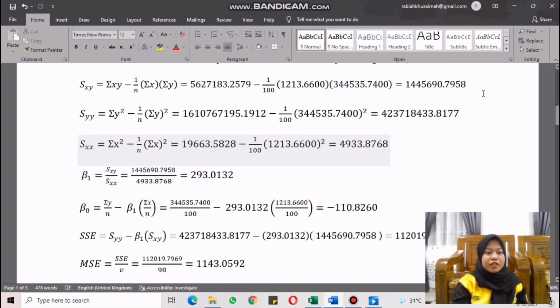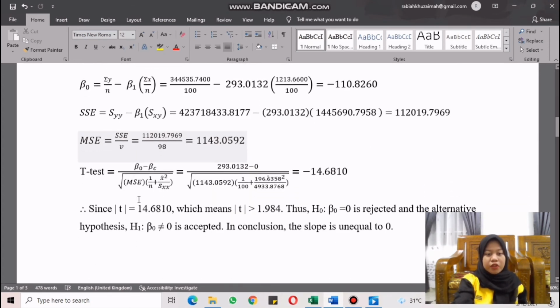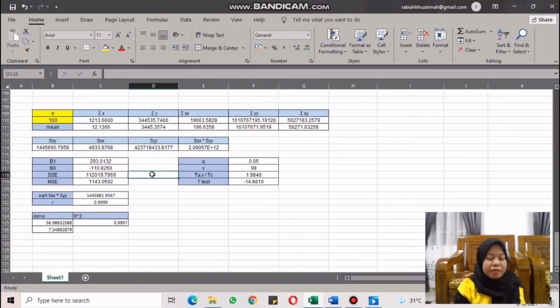Then we find all the values of SXY, SYY, SXX, B1, B0, SSE, MSE using the formula given, and we test the t-test using the formula for the constant, which is B0, because the question itself asks for B0, and we got the answer is negative 14.9810. The manual calculation is equal to the software calculation, which is the final answer negative 14.9810.